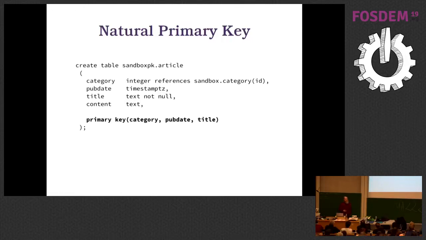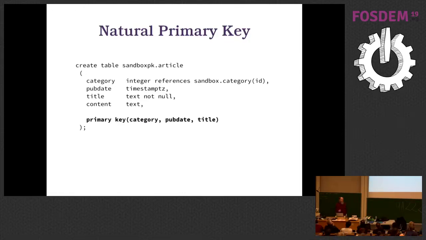Well, no, because you have the publication date. So you can reuse the title, but maybe you don't want to. So you need to figure it out. I was too fast, sorry about that. Because there is the publication date in the primary key, you can use the same title of the article in the same category more than once at different times. Like maybe you want to react sarcastically about an article you published last year or something like that.